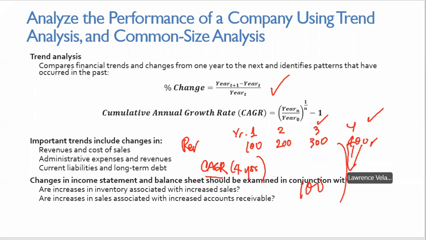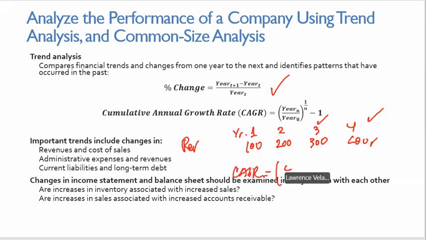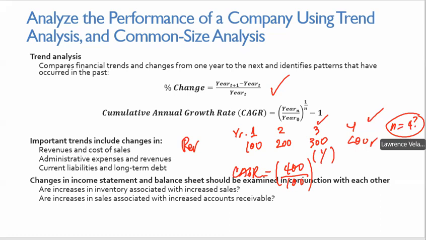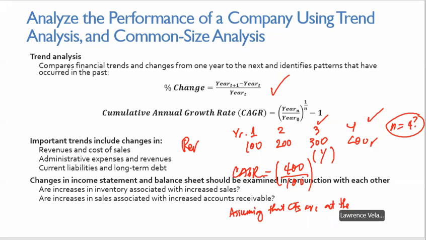Okay, sorry. Liitan natin ng konti para magkasya. So CAGR, 400 over 100. What is the exponent here? 1 over n. What is n? Okay? Ngayon, kailangan nating bilangin kung ano yung n. Is n equal to 4 here? Okay? In this case, no. Why? Because we're assuming that cash flows presented are at the end of each year.